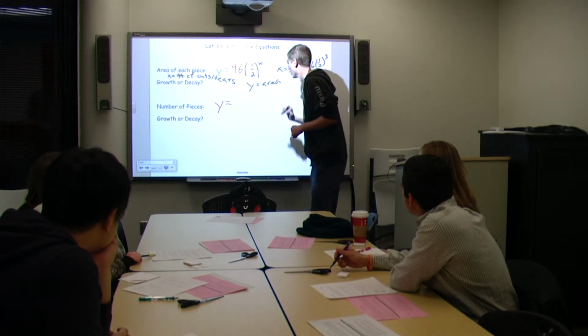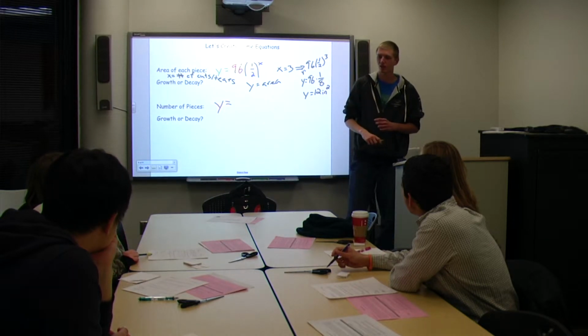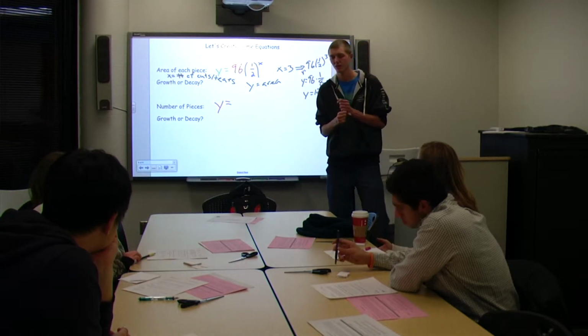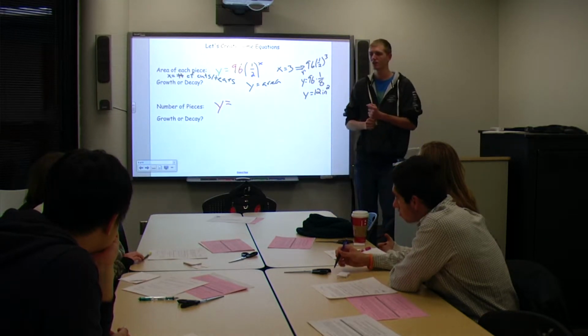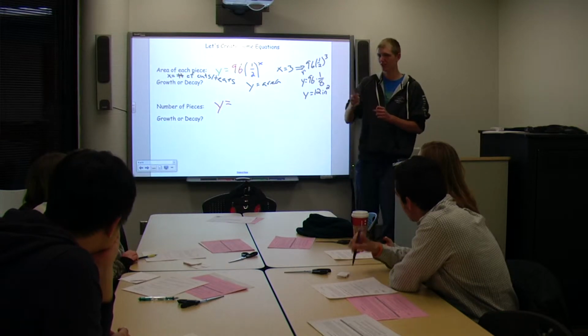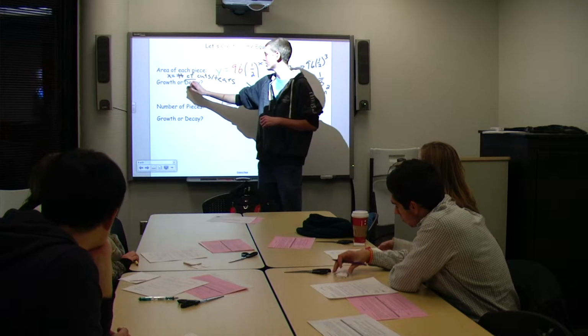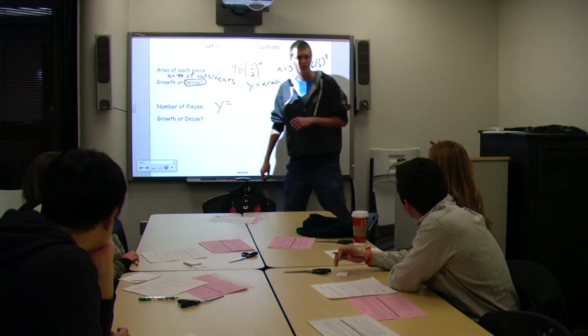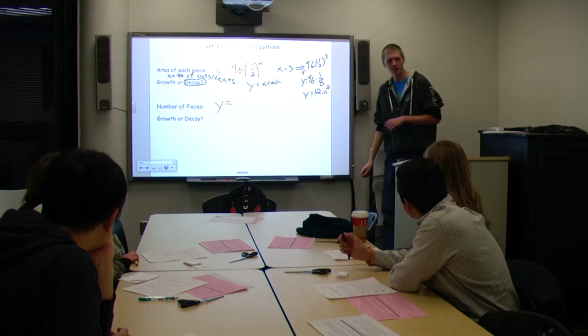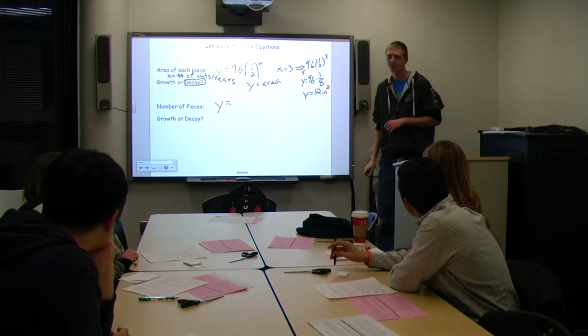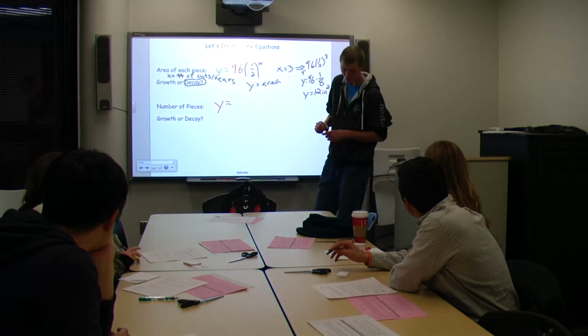Okay. So now, growth or decay: is that growing exponentially or is it decaying exponentially? What do you guys think? Decaying? Yeah, everybody agree that it's decaying? Okay. So I'll just circle decay there. It's weird because x is always increasing, so why does it get a smaller answer? It's a good question.